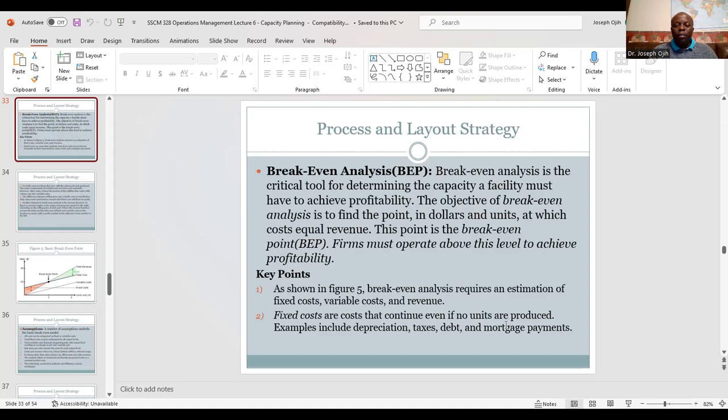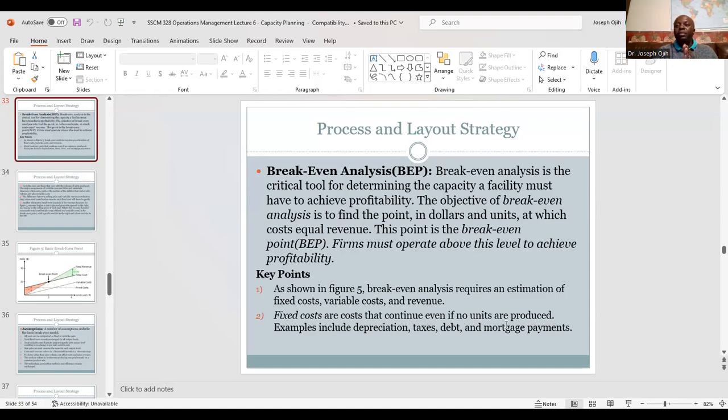For any company that operates above the break-even point, we start making profit. Below that is loss. So in other words, it is an important tool for determining the capacity that a firm must reach in order to achieve profitability. That's the simplest way of explaining it.